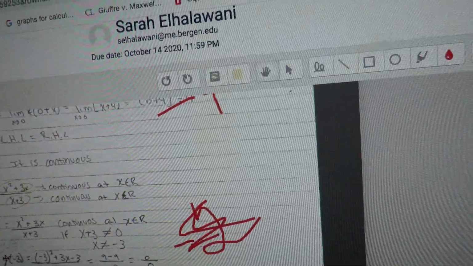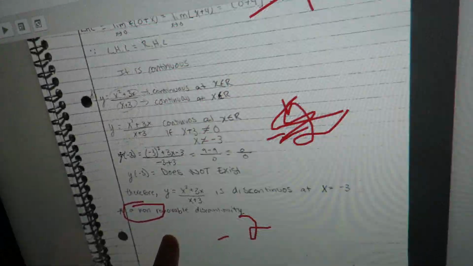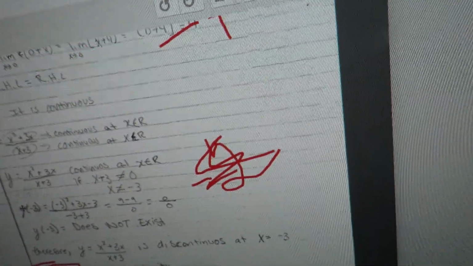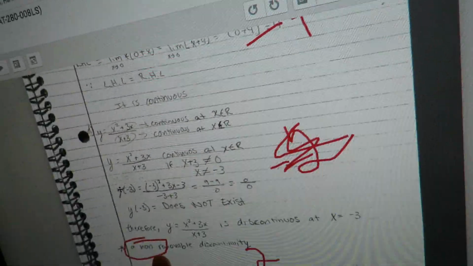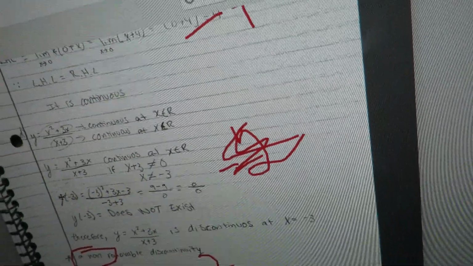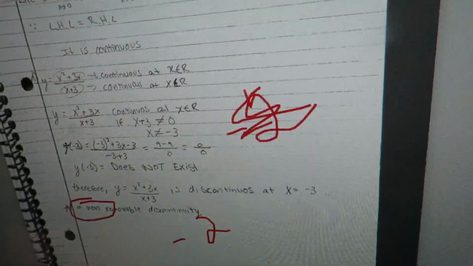So at -3, that's actually a removable discontinuity. So this comment was correct here; it was not categorized correctly. The only thing that classifies as removable is a hole. Non-removable is a VA or a gap. So this was just a classification at the end.